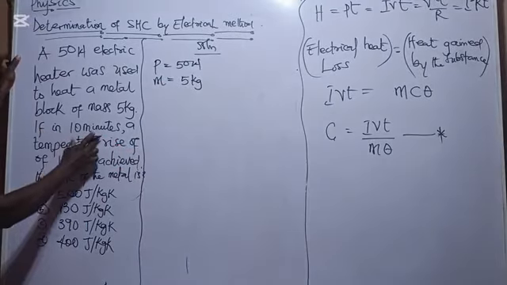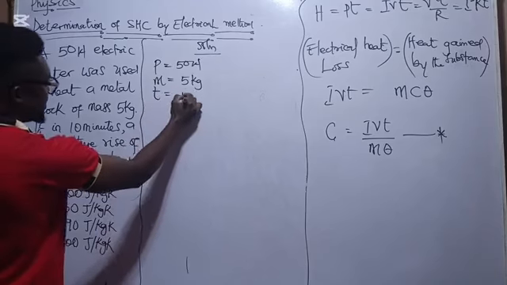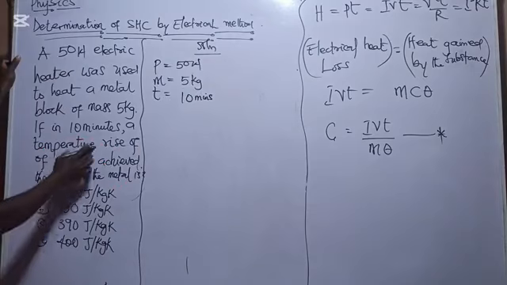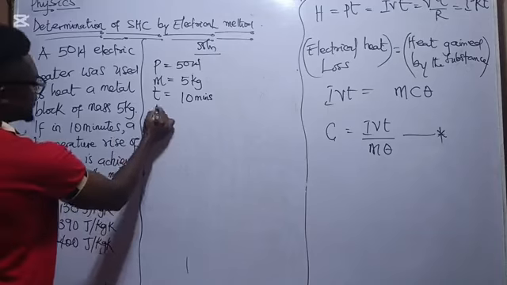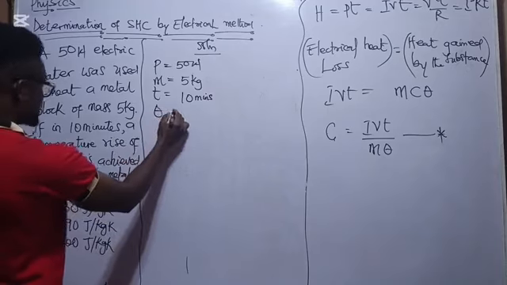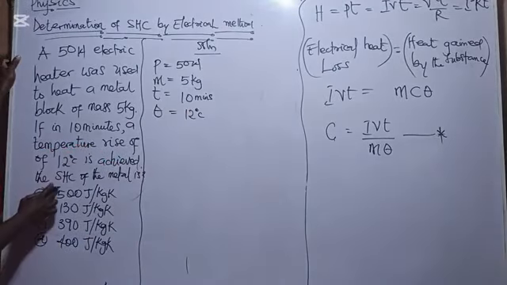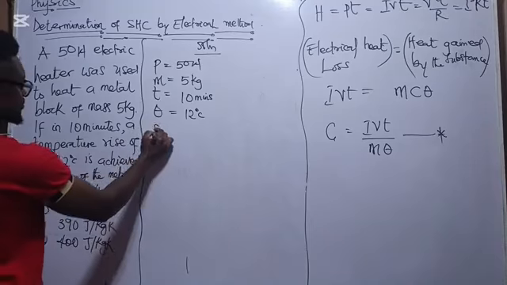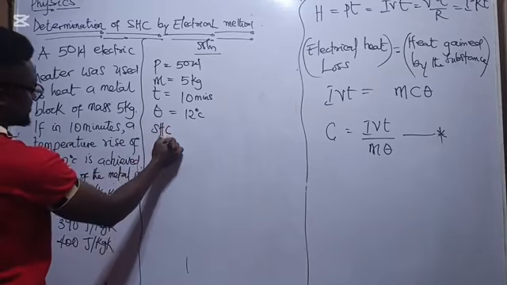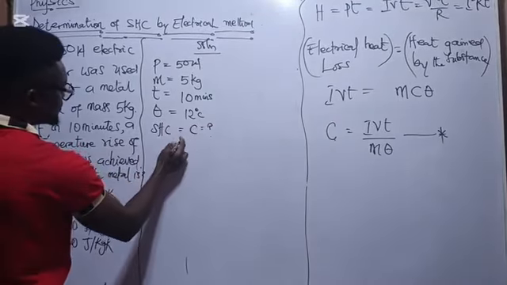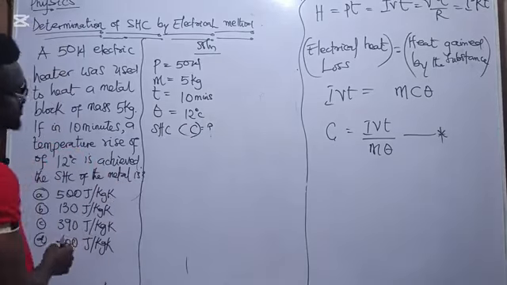If in 10 minutes, that's the time, 10 minutes. A temperature rise of 12 degrees Celsius is achieved. So the temperature rise, that's the temperature change, is 12 degrees Celsius. The specific heat capacity of the metal. So what's the specific heat capacity of the metal? We have specific heat capacity of the metal equal to, okay?